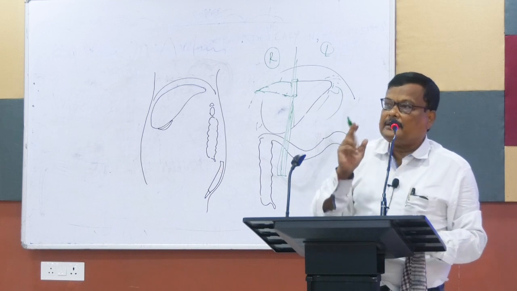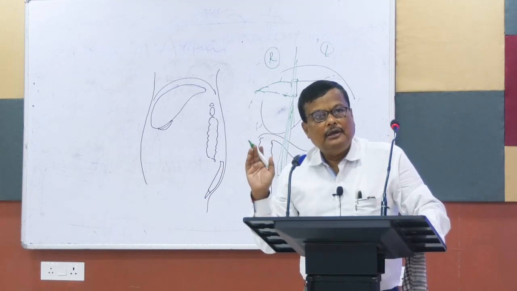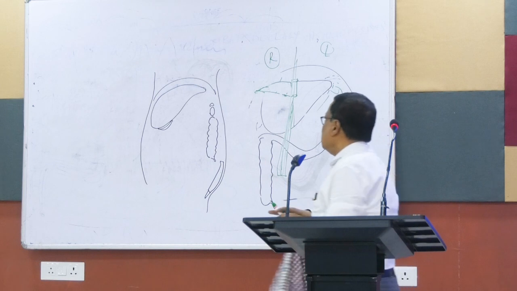And the extraperitoneal space is only one, the bare area of the liver.